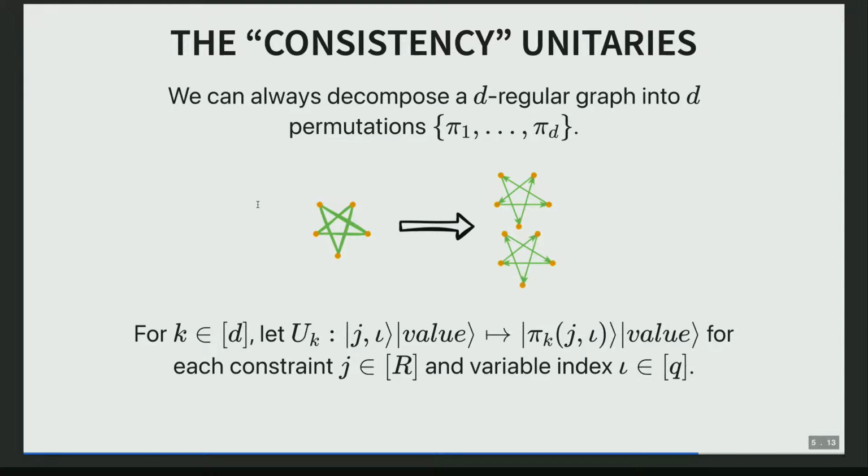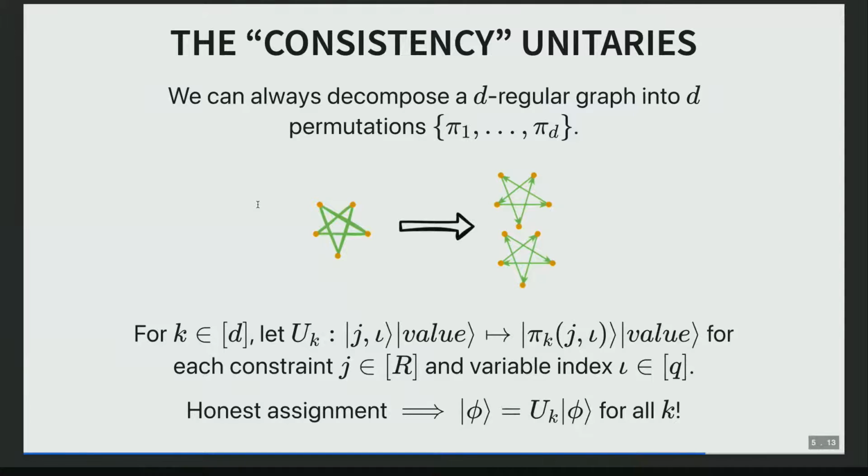Now that we've done this, the key idea is that if you have an honest assignment, all the vertices are only connecting variables. So if you have an honest, or a consistent assignment, then the value shouldn't change as you go from one part of the variable to another part of the variable. So if you stay within the cluster, the value should be the same, so you're invariant.